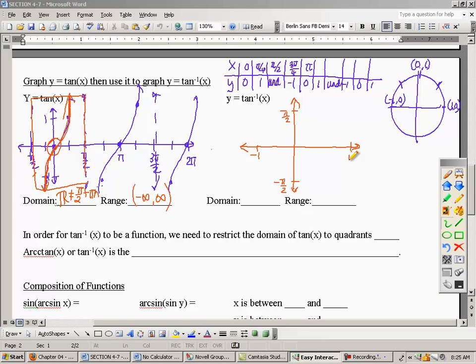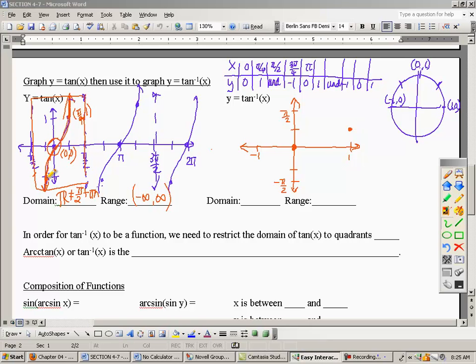And then I'm going to plot my points again. So this is the point 0, 0. Even if I look at switching the x and the y, it's still 0, 0. This is the point pi over 4, 1. So I should probably put my pi over 4 tick marks in there. So at positive 1, I go up to a positive pi over 4.